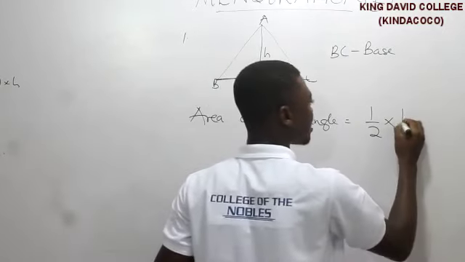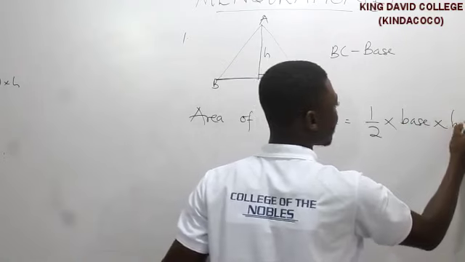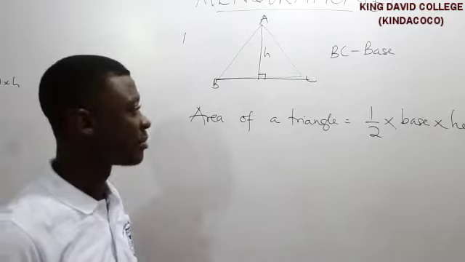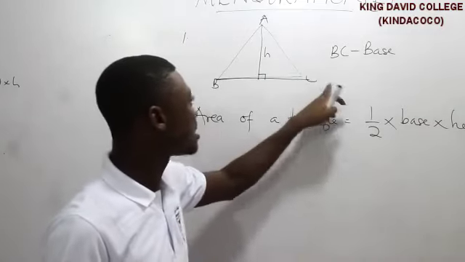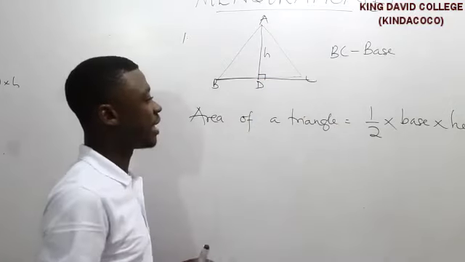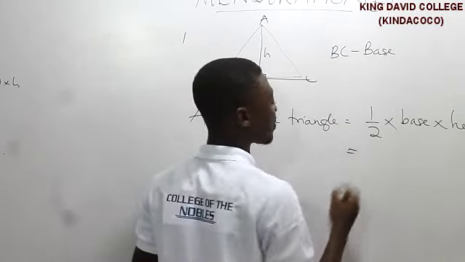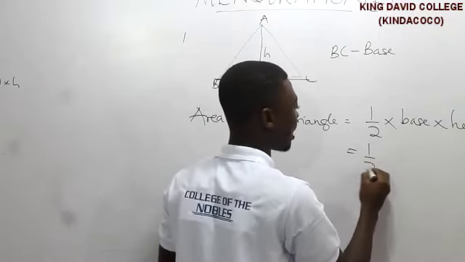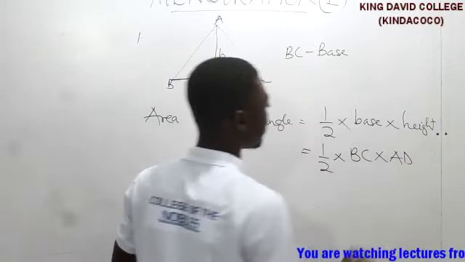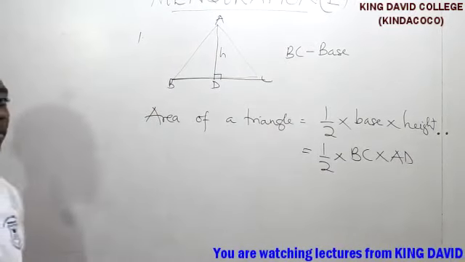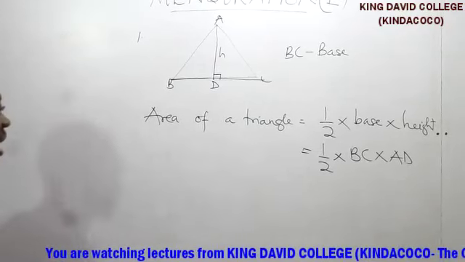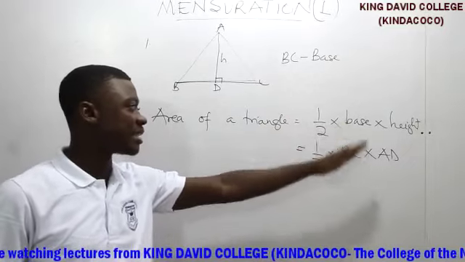So half times the base times its height. Now the base we are having here is the BC, and then the height here is, let's say, A to D. So AD. So then the area of this triangle here is going to be half times BC times what? AD. As simple as this.